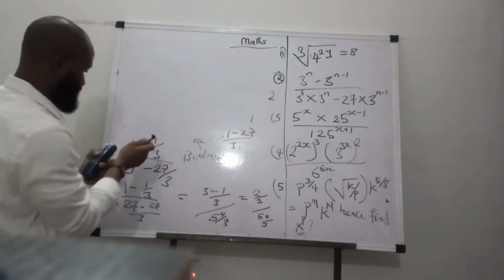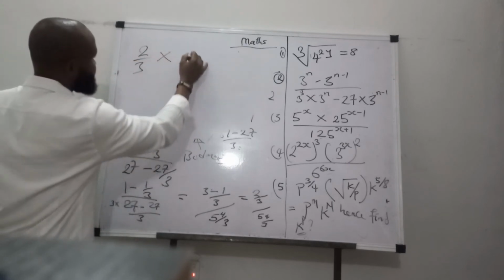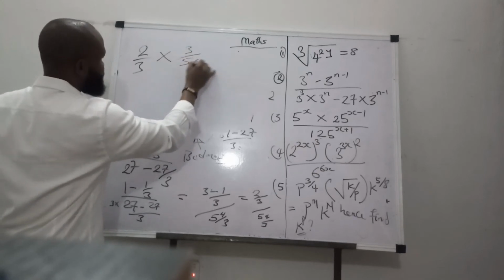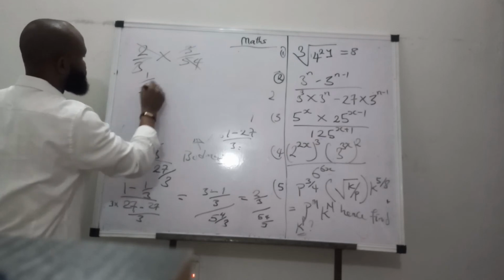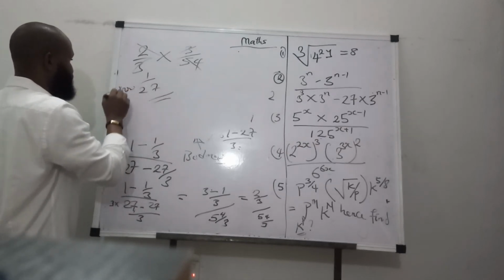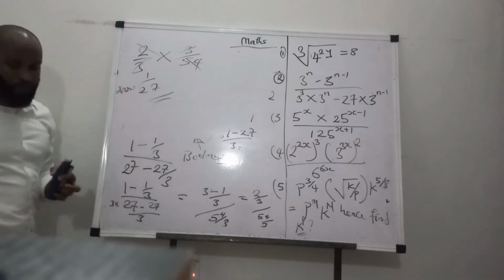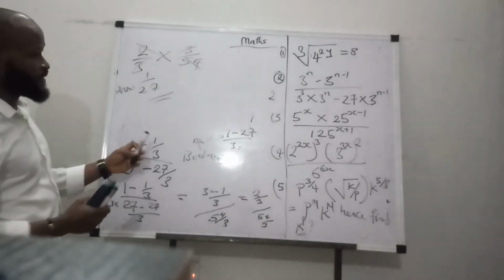So we have 2 over 3 multiply 3 over 54. So to this point, we have 1 over 27. Am I correct? Yes, this is the final answer. Our answer becomes 1 over 27. I hope you understood it from the beginning to the end of this.